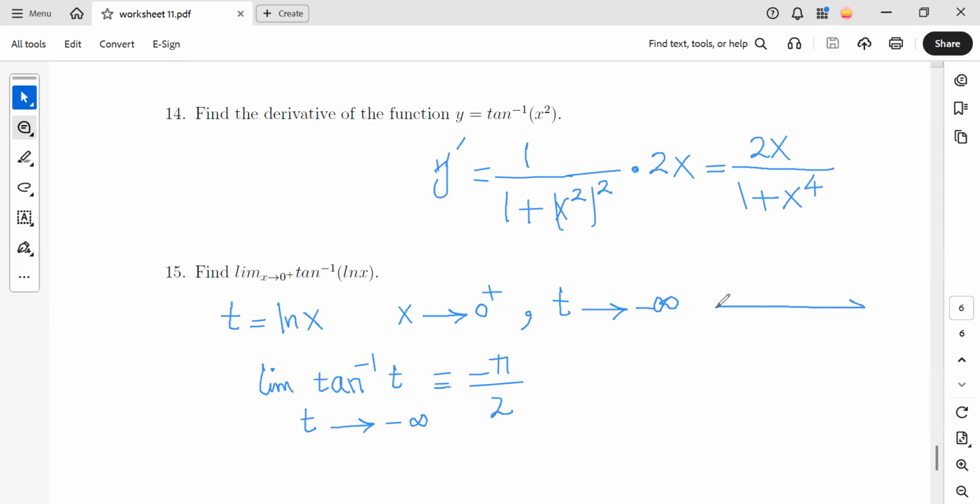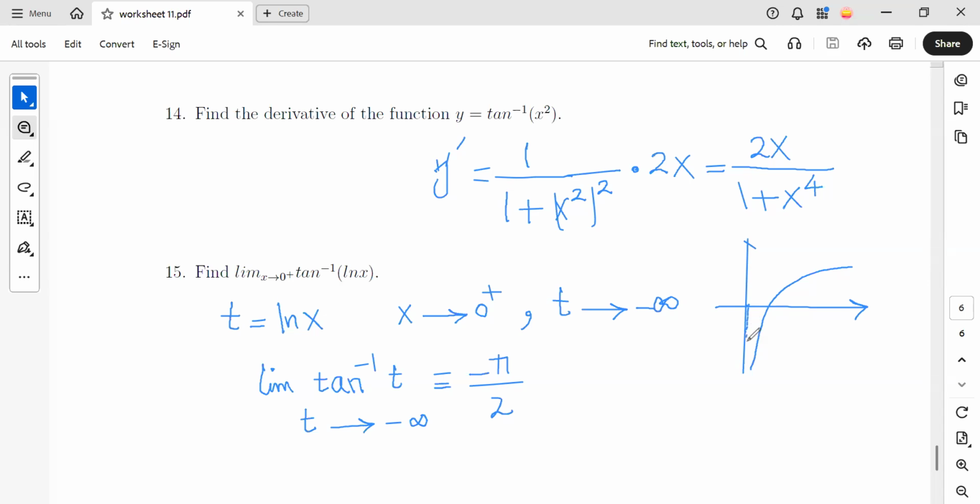So for the graph of ln, which is something like this, when x is approaching 0 from the right side, it's somewhere here, very close to 0. You see that the graph, which is ln, is going down. It means t in here, because we set t as ln of x, is going to be negative infinity.